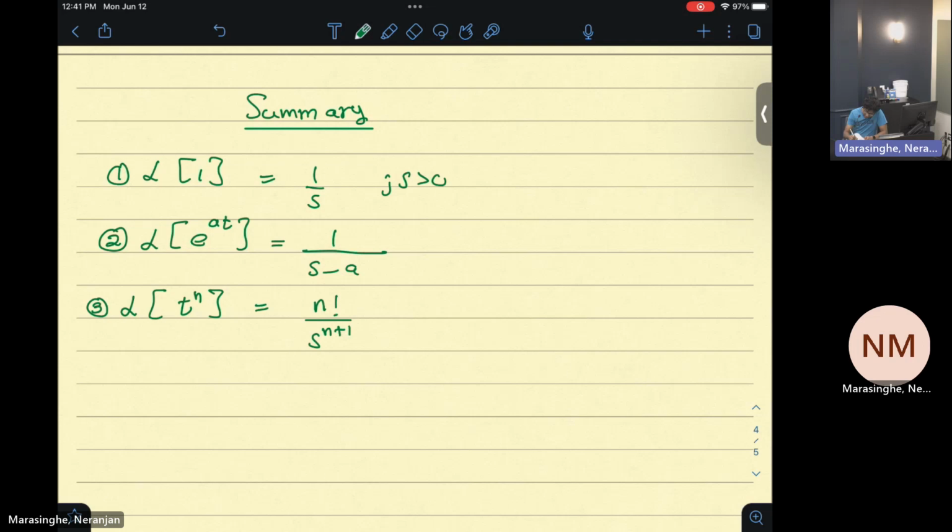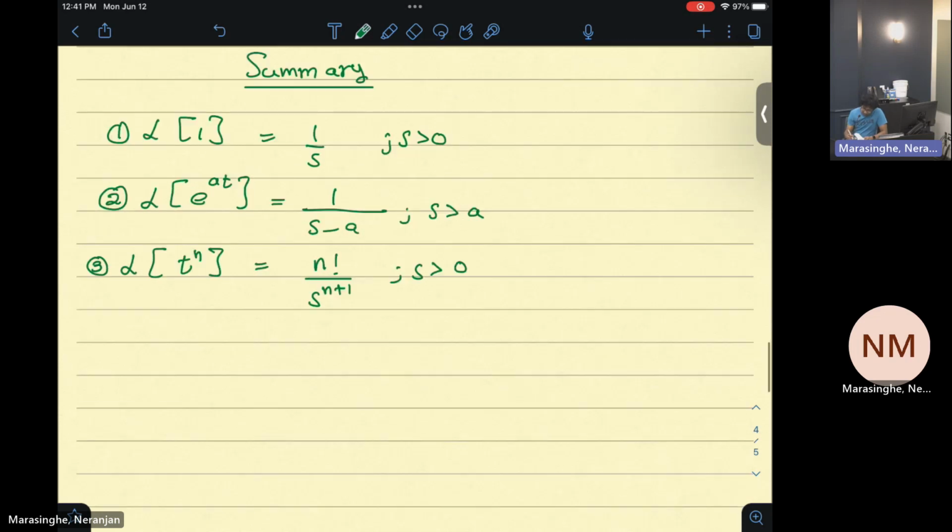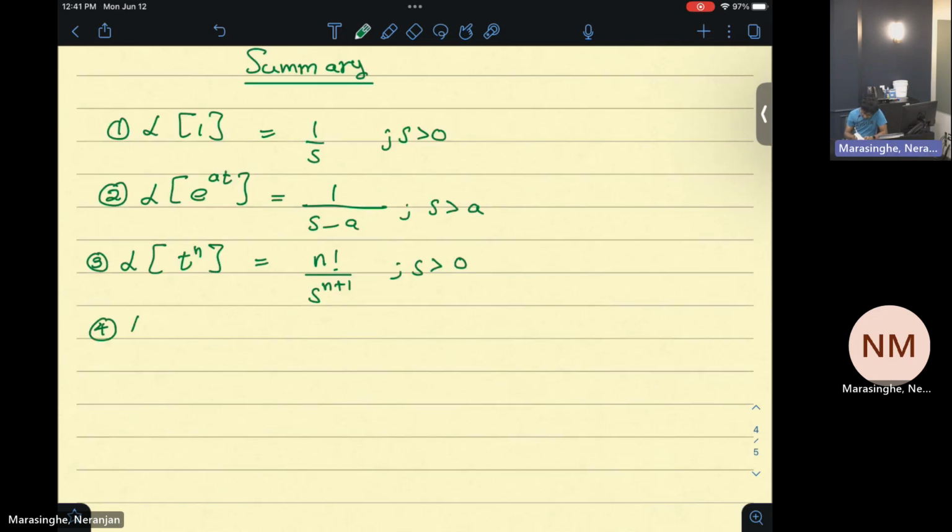This is for s greater than 0. This is for s greater than a, greater than 0. Okay. And we discussed the Laplace transform of sine omega t, which is equal to omega divided by s square plus omega square.